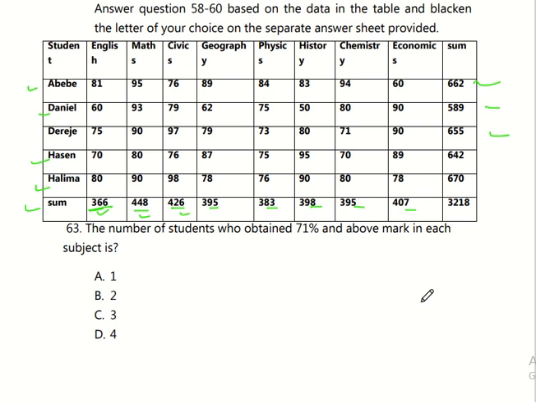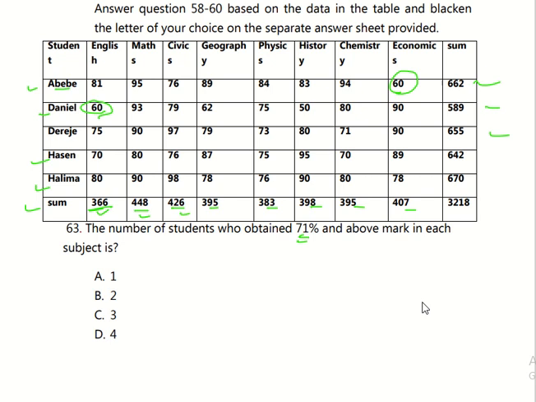No division here. What to do? The number of students who obtain 71% and above in each subject. For example, Ababa, there is one subject, economics, where he got 60, so it doesn't work. Daniel also, the first subject English, scored 60, so it doesn't work. Daraji, check horizontally, who obtained 71% and above.